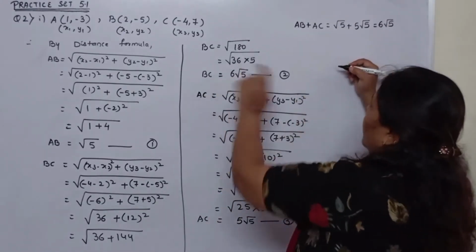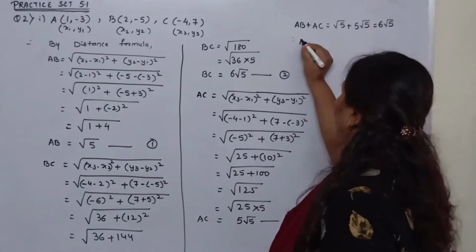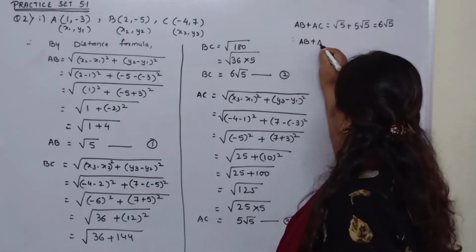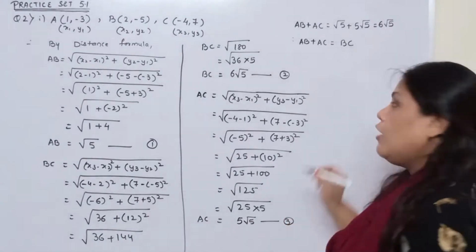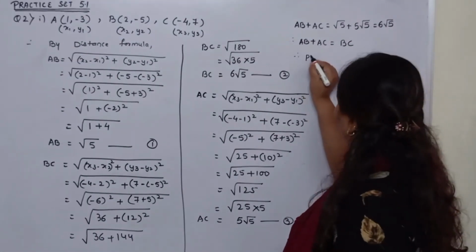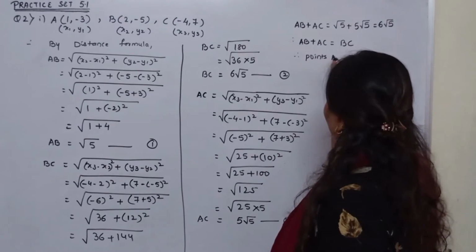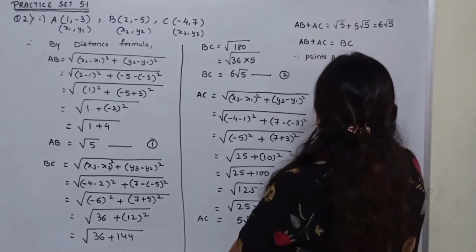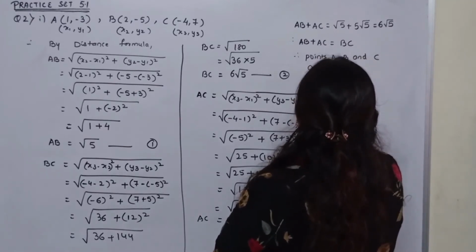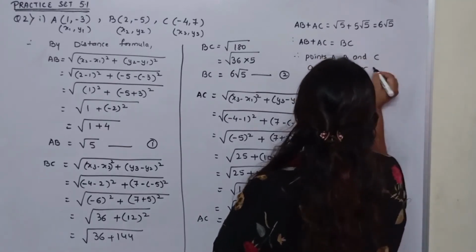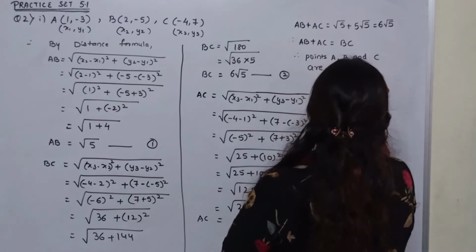That is equal to our BC. Therefore, AB plus AC is equal to BC. Therefore, points A, B and C are collinear points.